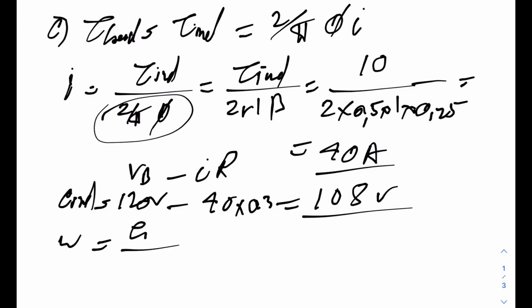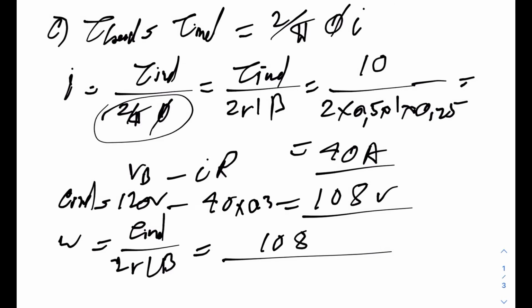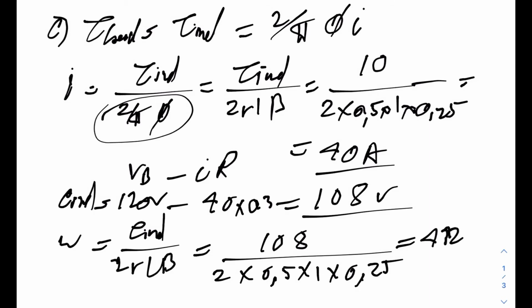E induced over 2 R L B. Okay, substitute the value here. 108, the E induced we just calculated, over 2 multiplied by 0.5 multiplied by 1 multiplied by 0.25 Tesla. The answer will be 432 rad per second.